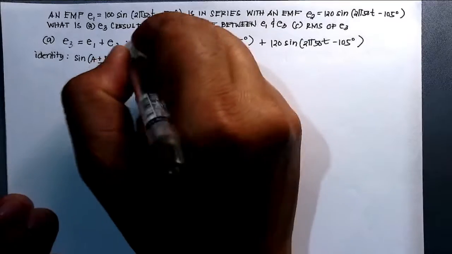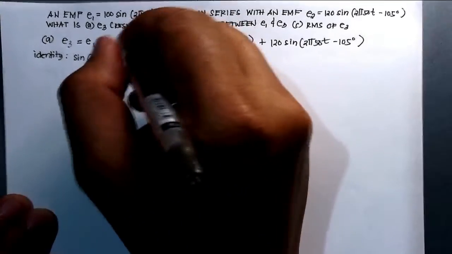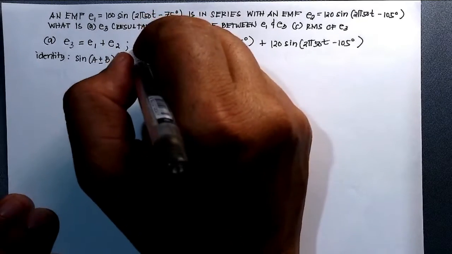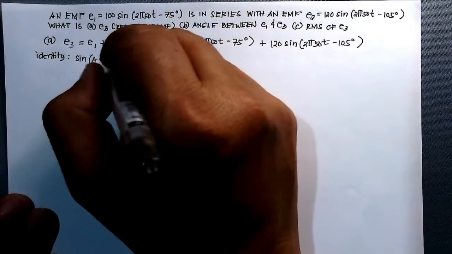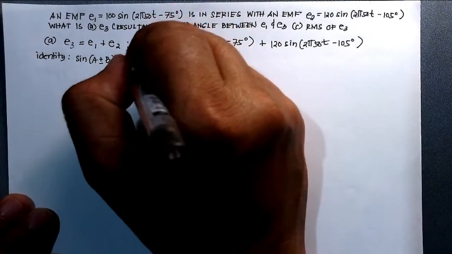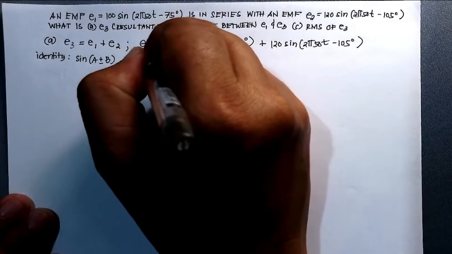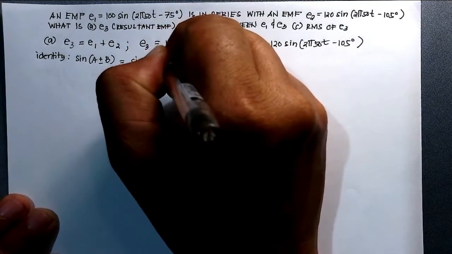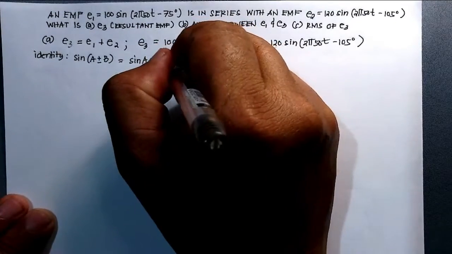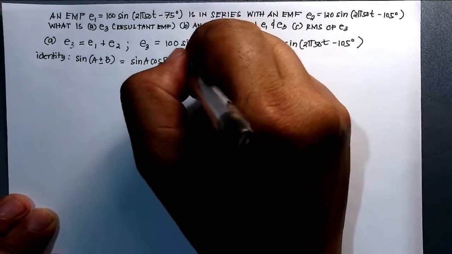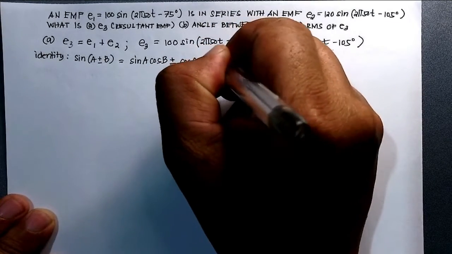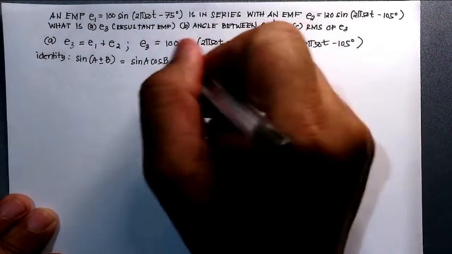The equivalent trigonometric functions are sine A cosine B, and if it is addition, it will be addition also; if it is subtraction, subtraction also, and cosine A sine B. So we apply it here.